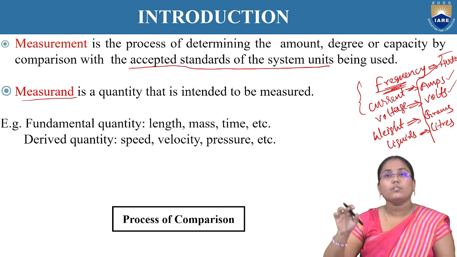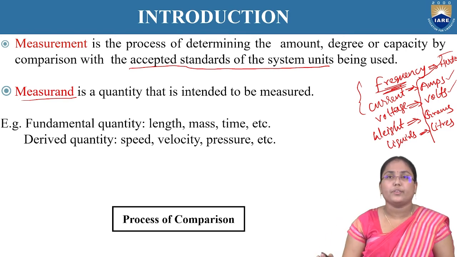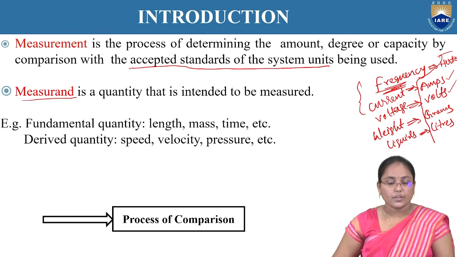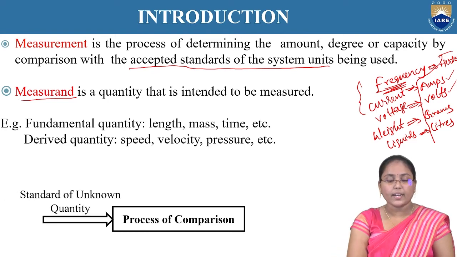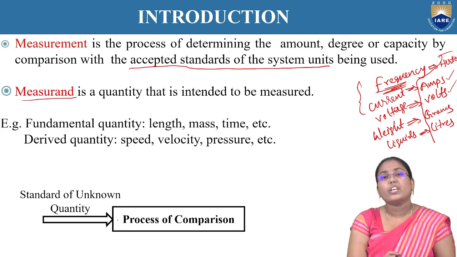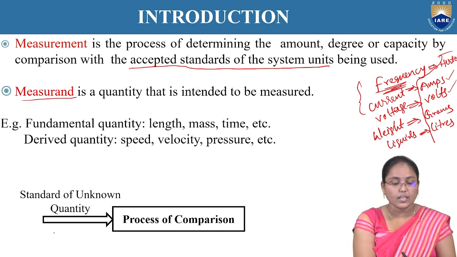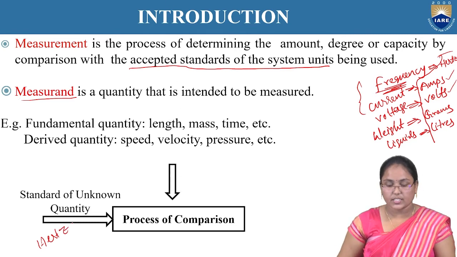Here, how does the process of comparison in the measurement process take place? It is a process of determining the amount by comparison with the accepted standards of units. First, we give the standard of the unknown quantity. Whatever unknown quantity we are going to measure, we give the standard of the quantity. For example, I'm going to measure frequency, so the accepted standard is hertz. Next is the measurand.